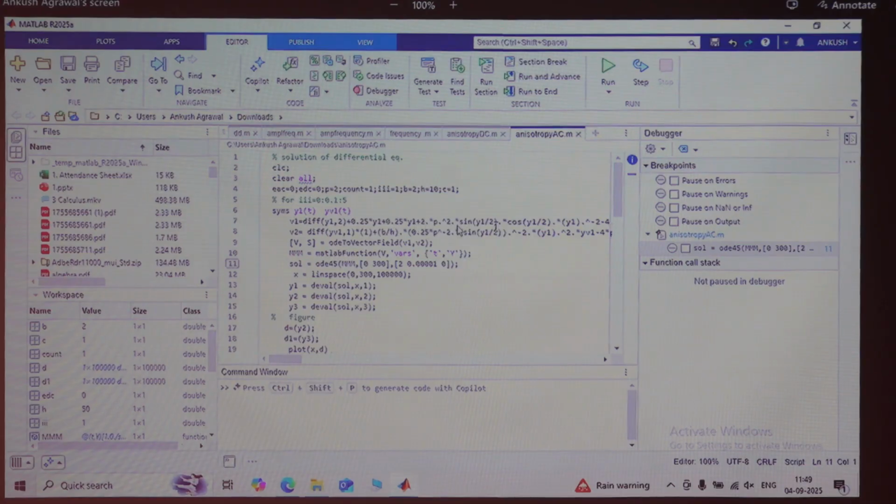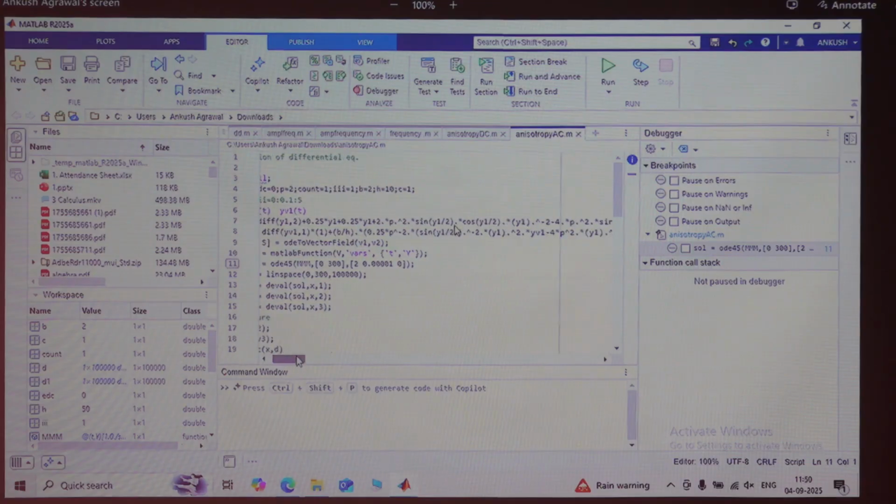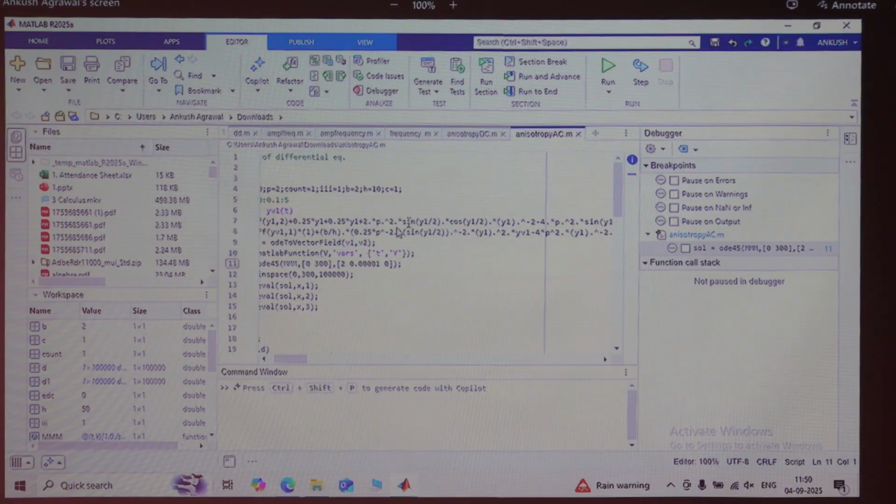Whenever you are using this, basically what we have done is converting this ODE to a vector field. I will tell you later on. For solving that vector field, always put dot star. Star means multiplying here. For example, 2 lambda p sine theta by 2: when you put this, it is 2 lambda p squared dot star.